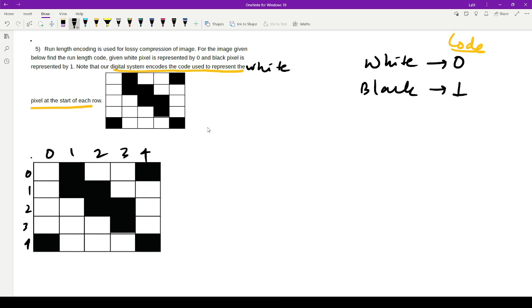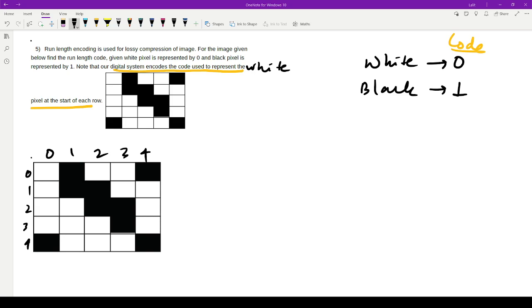In the class, there was a specific way in which run length codes were given, but the questions that we are solving have been given a different way of computing the run length code. So we'll do that specific way of solving it.